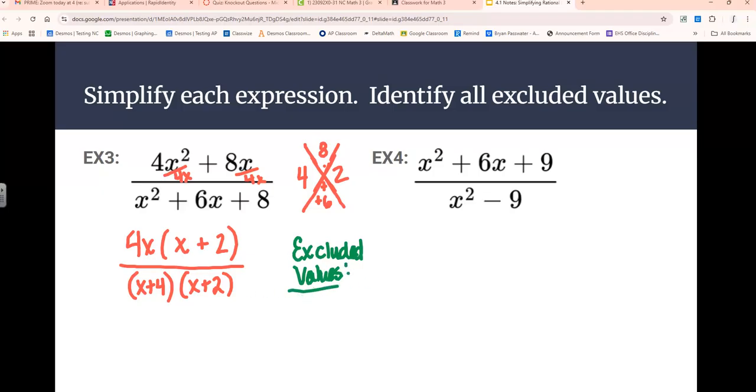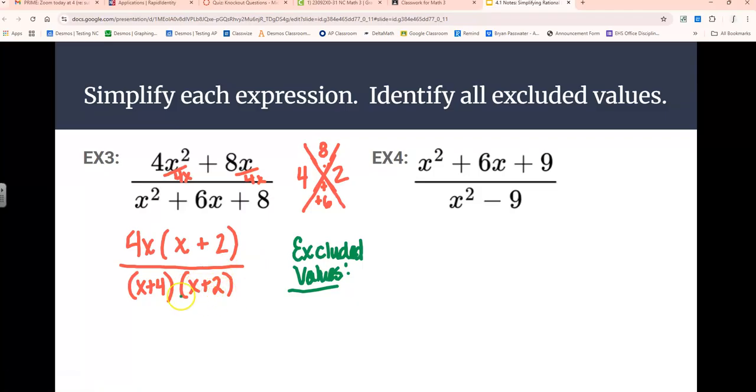And so, let's see, Sophie, what's one of the numbers that would give us 0 in the denominator? Like if we look at x plus 2, what number would I plug in that would give me a 0 right there? What is it, Hector?